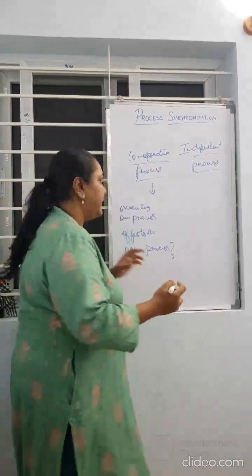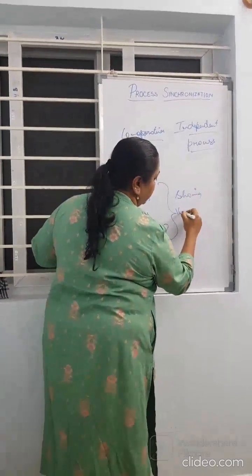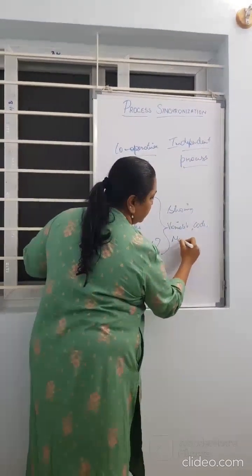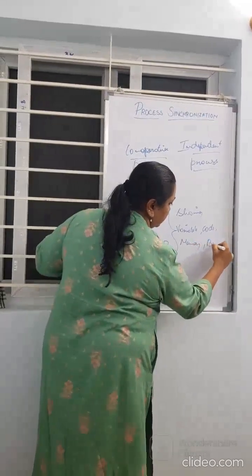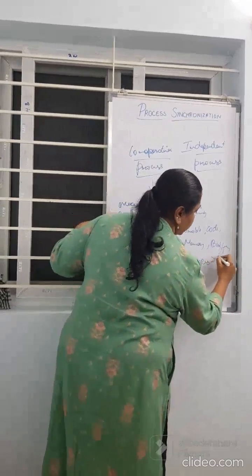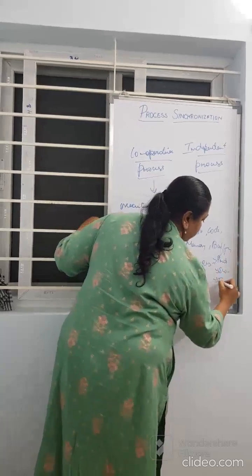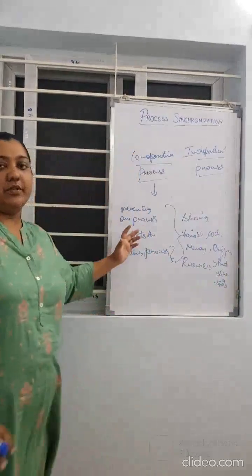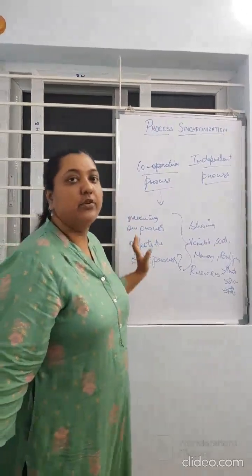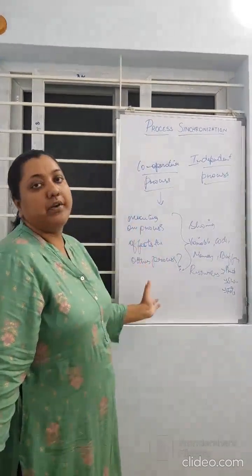Common in the sense, they might be sharing a variable, maybe the code, memory, buffer. Also resources can be shared, resources in the sense of printer, scanner or file. So in a cooperative process, there is something common between the processes which they share and it's going to affect them. This type of process we call a cooperative process.